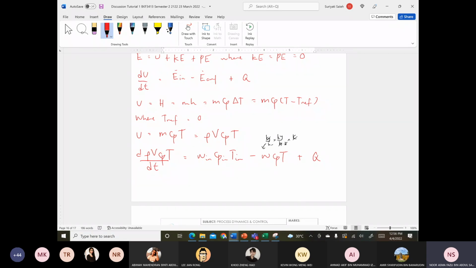So based on this, we have the left hand side of our equation, d(rho V Cp T) over dt, where the density, volume, and Cp are all constant values. So when all are constant values, then you can take them out.